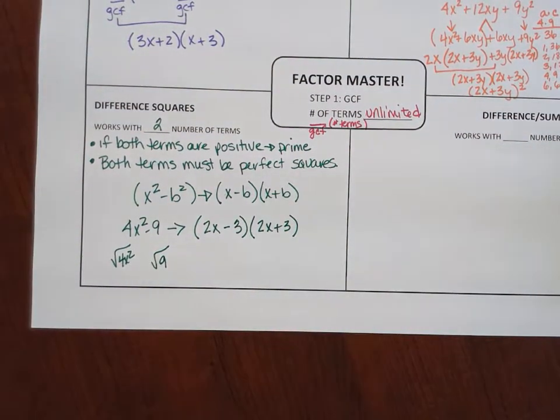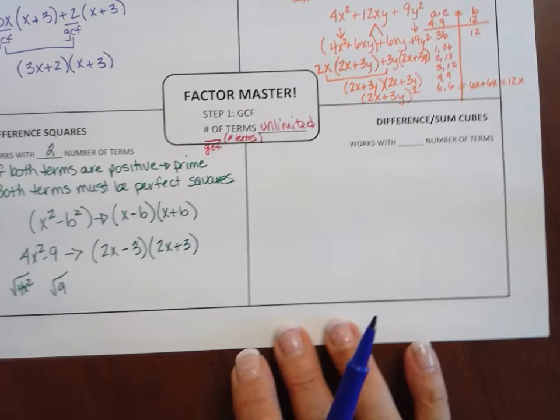Boom, done. Feel okay on those? I think the hardest part is going, oh, it's a perfect square, especially if it's the bigger numbers. Yeah? Good?